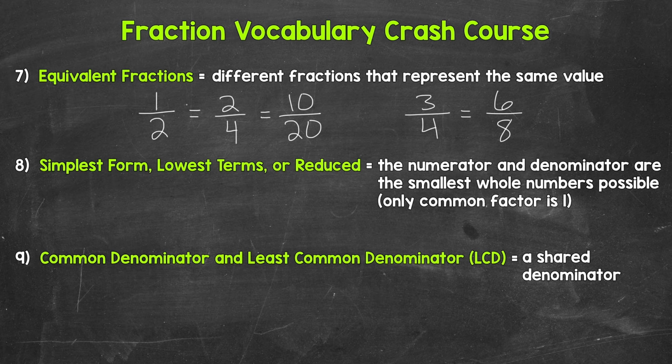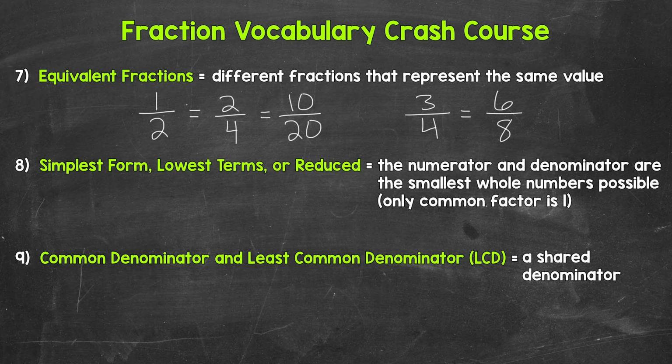Now, basically, when we simplify, put a fraction in lowest terms, or reduce a fraction, we rewrite that fraction as an equivalent fraction where the numerator and denominator are the smallest whole numbers possible. The only common factor between the numerator and denominator is 1, so we cannot break the fraction down any further.